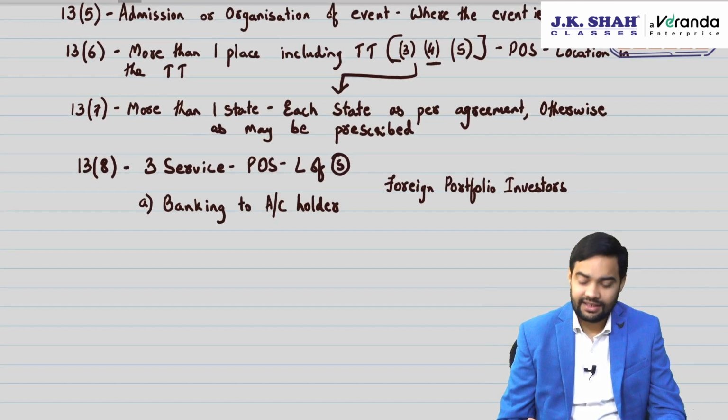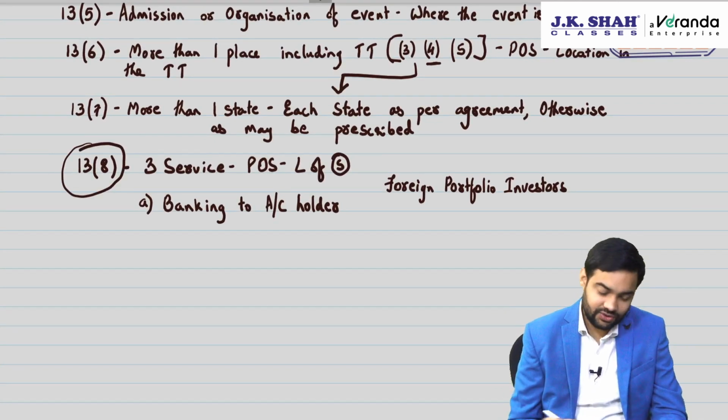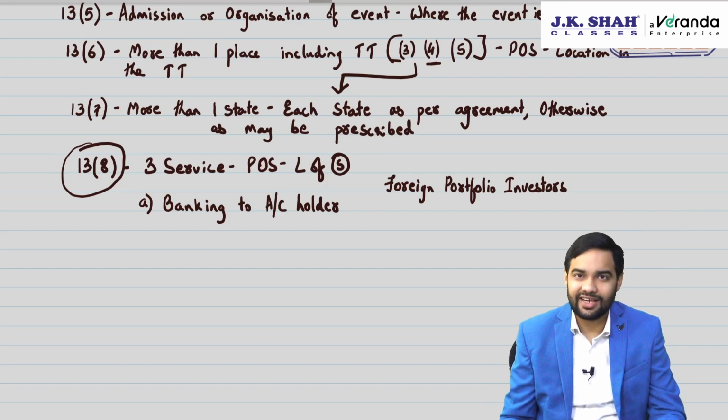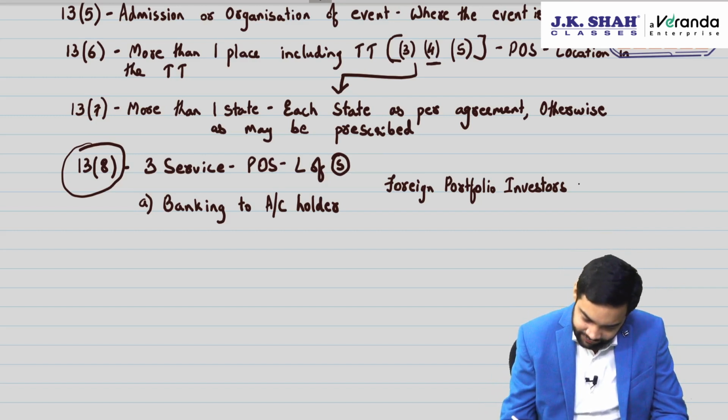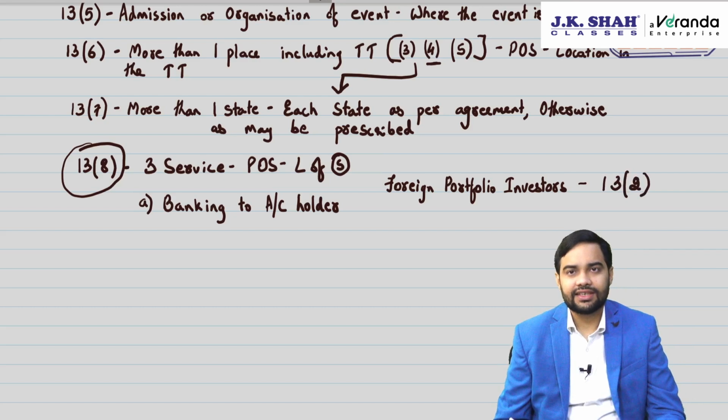What about that? Whether that will be covered in 13.8 or 13.2, because if you say 13.8, GST will apply, because place of supply will become India. CBIC has clarified that this will be a case of 13.2 and it will not be a case of 13.8.